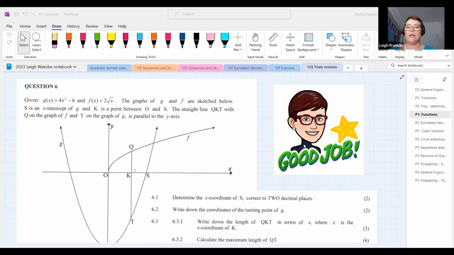Or was it just a lucky guess? Okay, so the root sign did give it away. Good, Chloe. That's a good explanation.